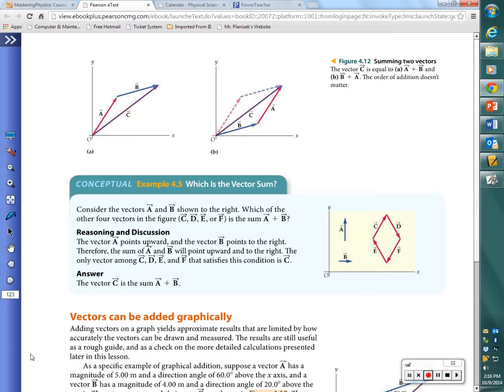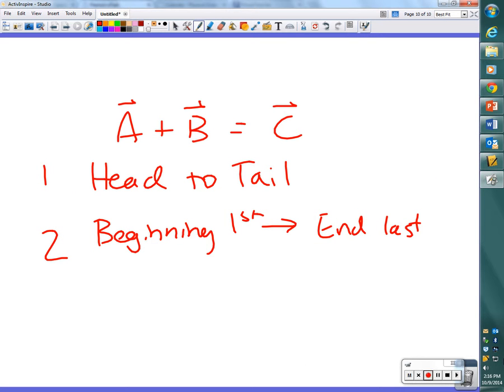B starts where A ends, okay? And vector C, the purple one, is drawn from the beginning of the first one to the end of the last one. Both of those pictures represent this idea of vector A plus vector B being equal to vector C. Good there? Okay.